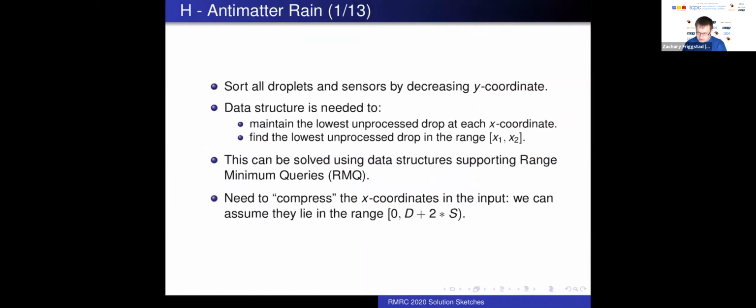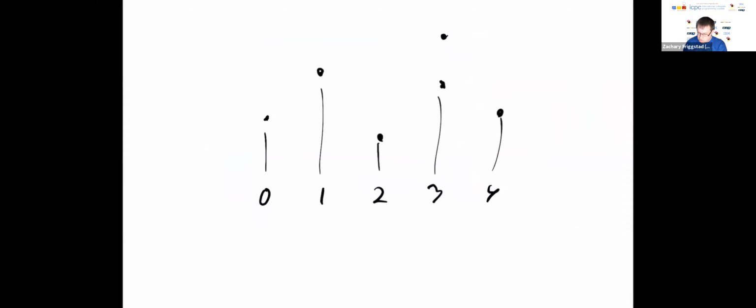And the way you can do that is, even though the x coordinates could be arbitrary, we're just going to sort the unique x coordinates, and then compress them to 0, 1, 2, 3, 4, whatever they were originally. So we can assume that everything has a bounded x coordinate range.